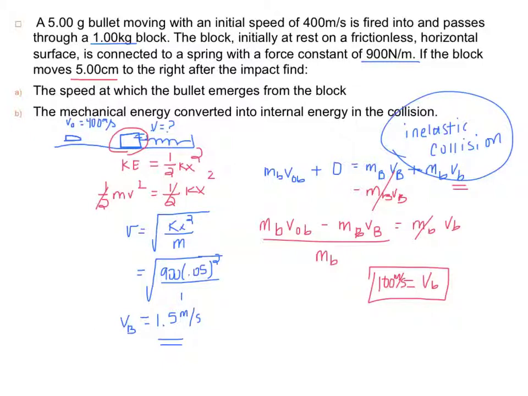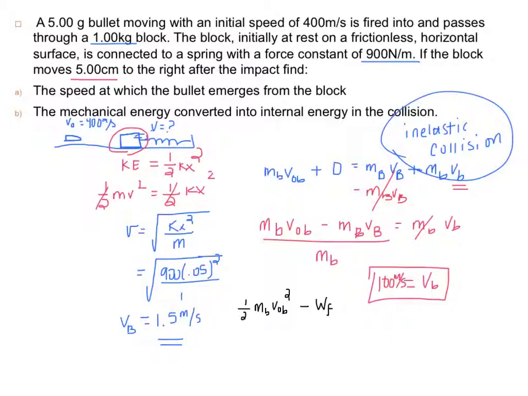So our kinetic energy before a collision is 1/2 m_b v naught b squared. And we're going to subtract some energy due to, we'll call it friction in this case.